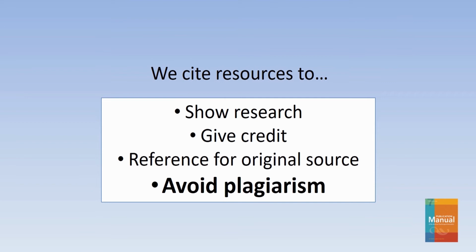We use citations to show that you as a college student did the research yourself, to give credit for the work of others, to provide enough information so someone can look up the original source, and to avoid plagiarism. Today's presentation will help you understand how to use citations to properly give credit for the work of others and avoid plagiarism.